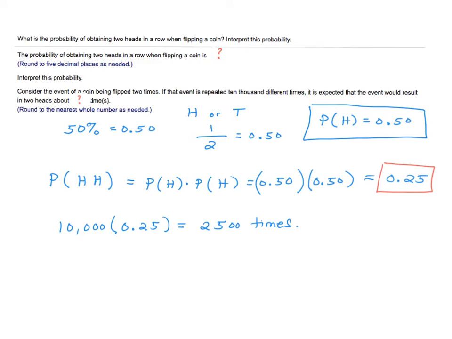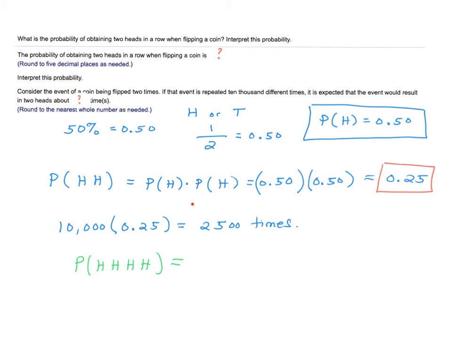I want to go one step further. This wasn't in the question, but just something to think about. Well, what's the probability of obtaining 4 heads in a row, for example? So that would be, what's the probability of getting heads, heads, heads, and then heads? Again, these are all independent events. You flip it the first, second, third, and fourth time, and they shouldn't influence one another.